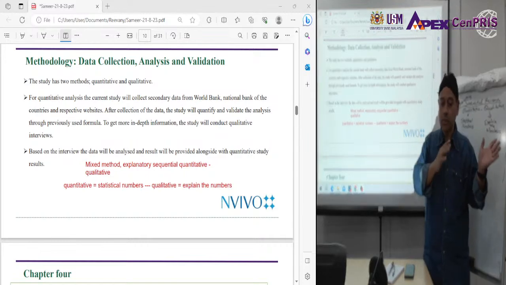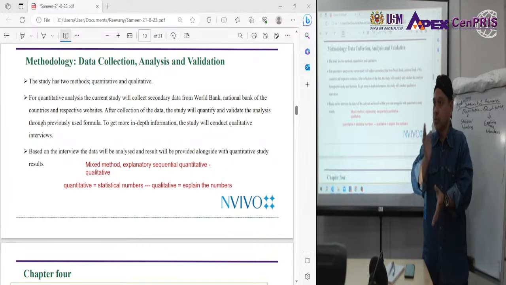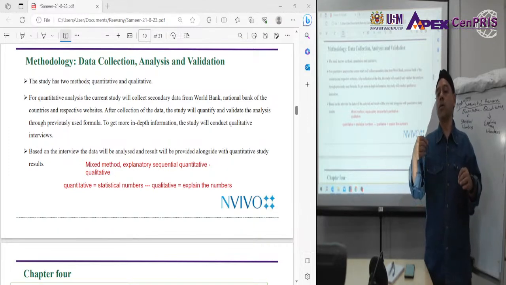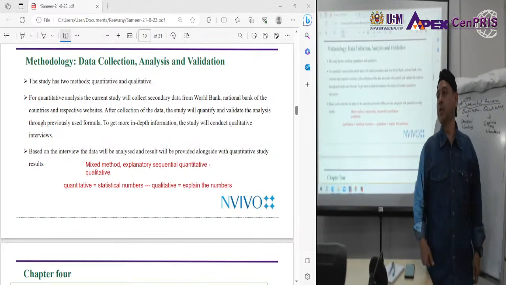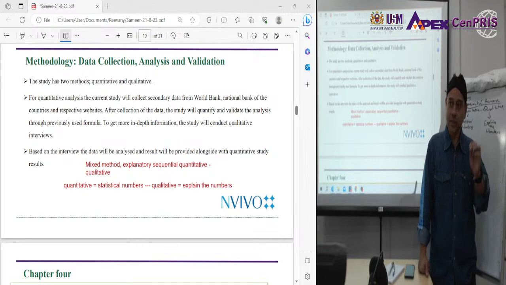They think there's only quantitative and qualitative. It's not true. You can combine them and use them differently. So if the examiners ask why you don't use triangulation, you need to be able to answer why you're not using it. That's why methodology is important to answer.